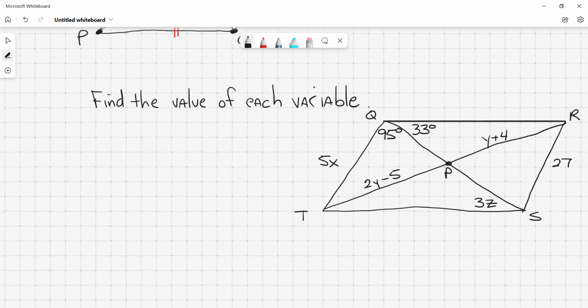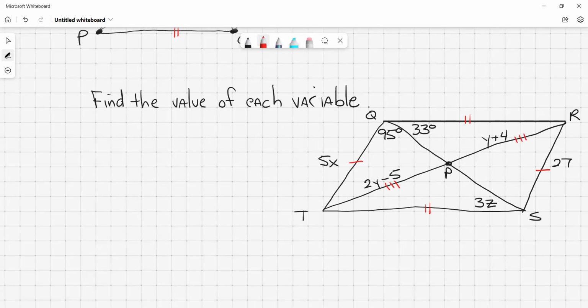All right, so what I like to do is go in here now and fill in the information that we know. I'm gonna say the left side is congruent to the right side. The top is congruent to the bottom. These diagonals bisect each other, so the 2y minus 5 is equal to the y plus 4.